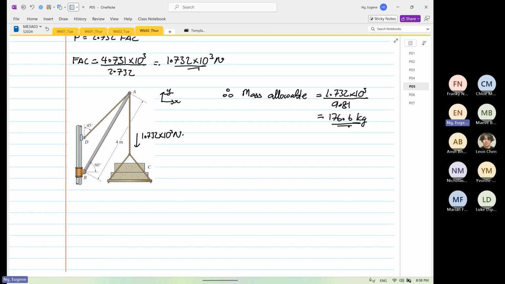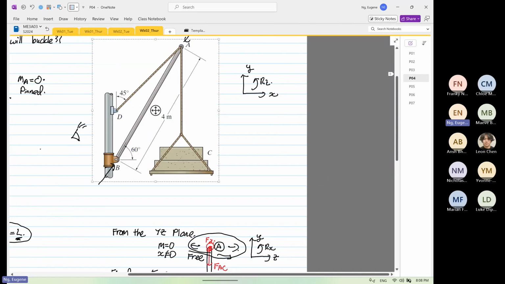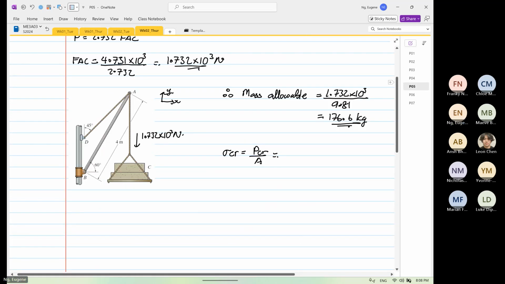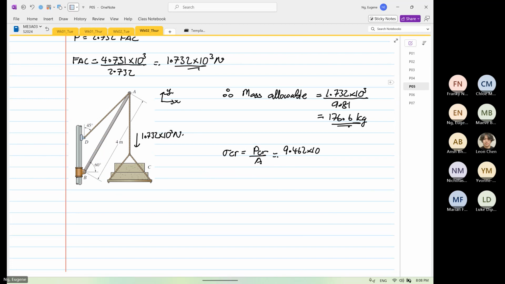Okay, this is important. That's why for any structure that you do, you have to look at two possibilities of buckling. And then the critical stress, if we were to calculate it, is P critical divided by the area. So our P critical we use is equal to 9.462 times 10 to the power 3, divided by the cross-sectional area, so pi multiplied by 0.025 squared.